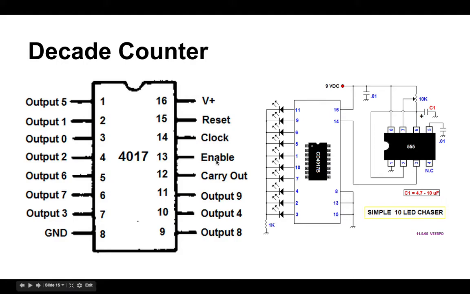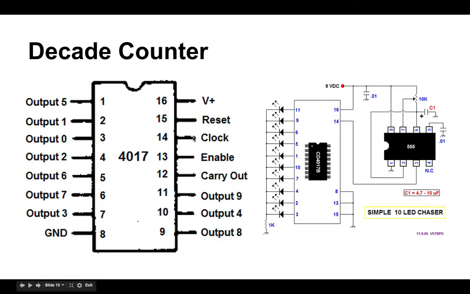I can change the number of steps with this reset pin. So imagine I only want 4 steps in my sequencer. If I only want 0, 1, 2, 3, then I could take output 4 and connect that to reset. So then it will go 0, 1, 2, 3, reset, 0, 1, 2, 3, reset, right? And it'll reset over and over again.